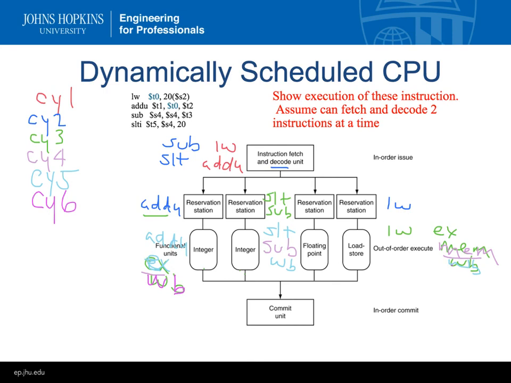We're going to put SLT through write back. Now all of them are done, so we can then send them back to the commit unit in the same order. But in 6 cycles, we executed all of this.